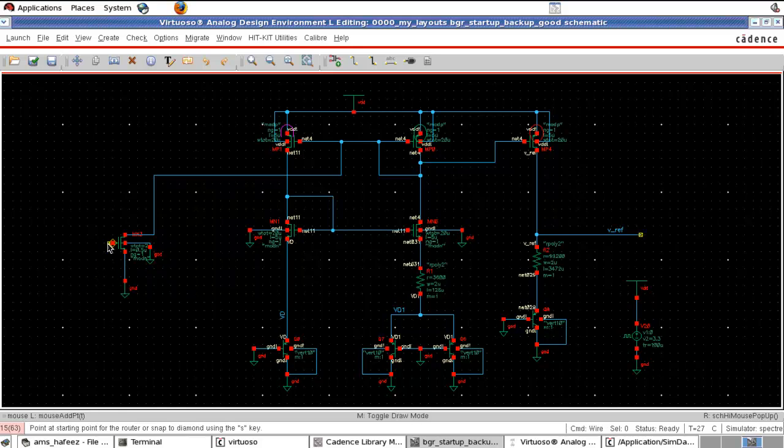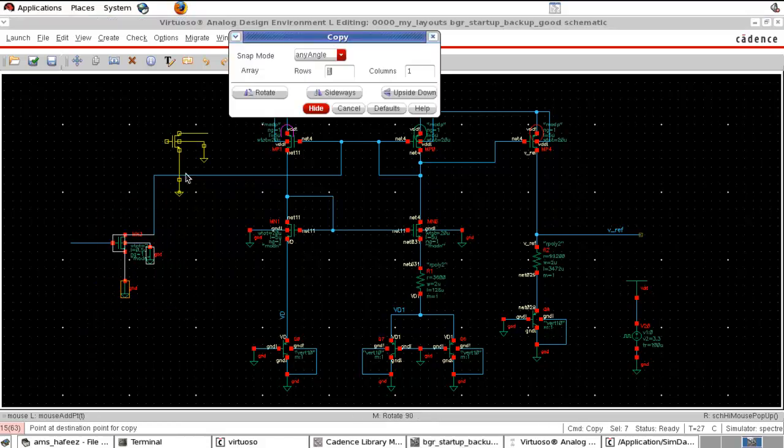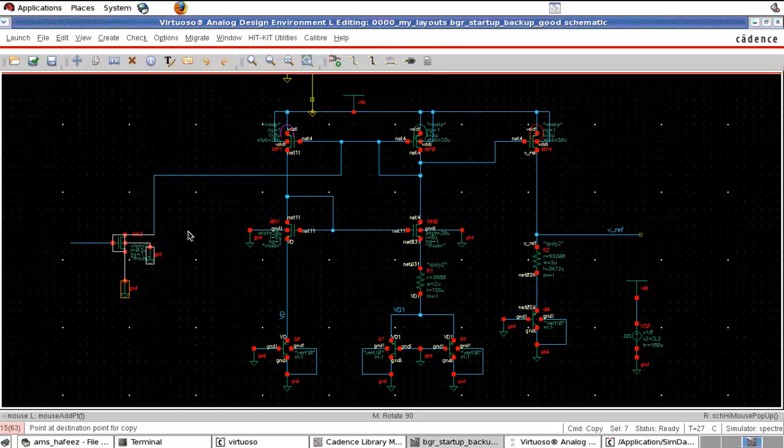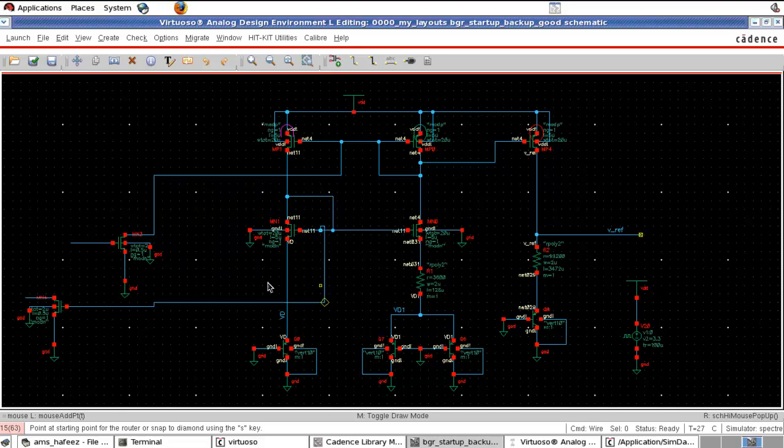And the gate of this NMOS, we want to control this using another NMOS. And the gate of this NMOS is connected to this node. And we need a high resistance.